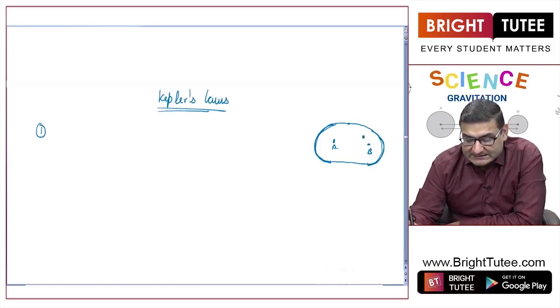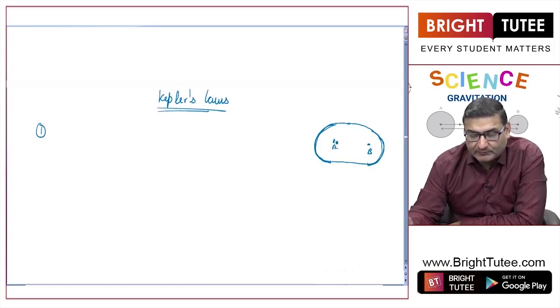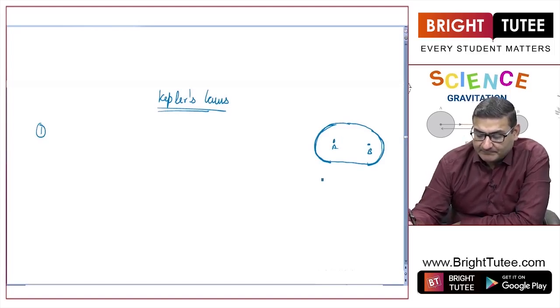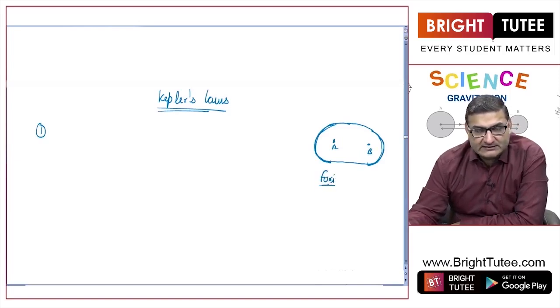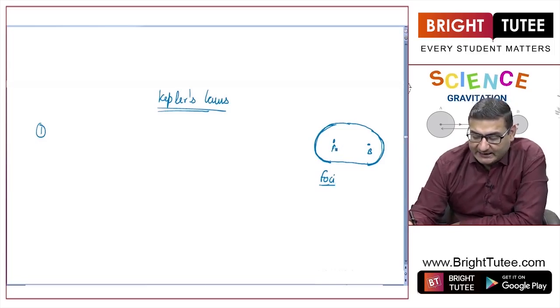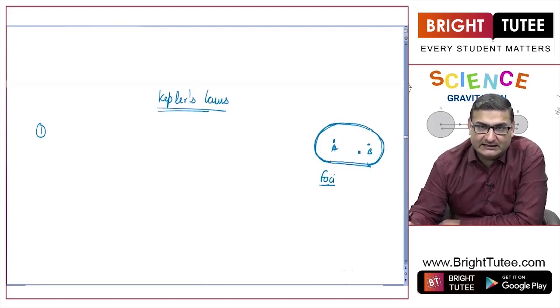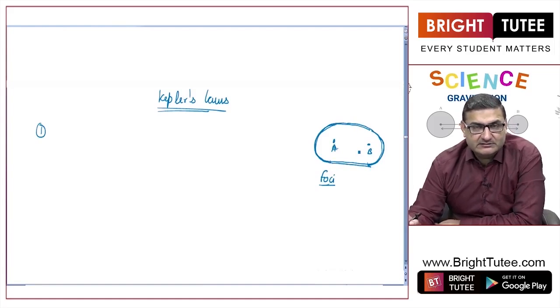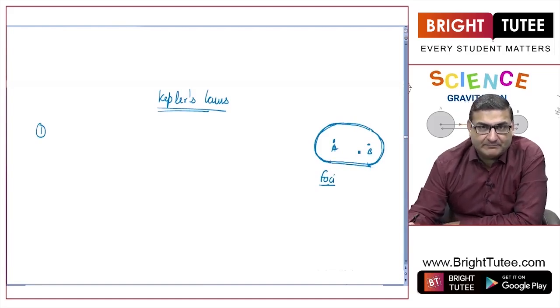So, the sun is at either point A, this focus, or point B, this focus, and the plural of focus is foci. Some people pronounce it differently, but it is the same thing. So, one focus is A, one focus is B. The sun will be at either of these positions. It is not in the center. So, this is the first law given by Kepler.